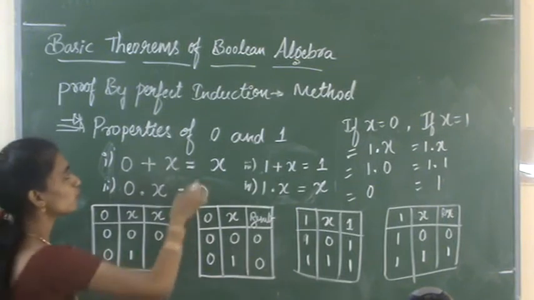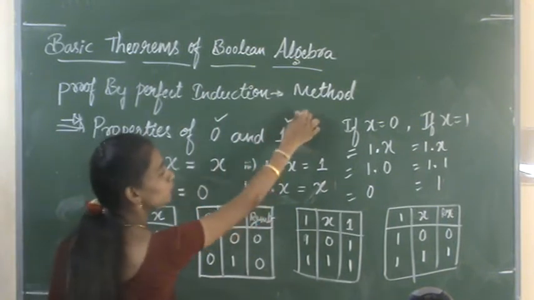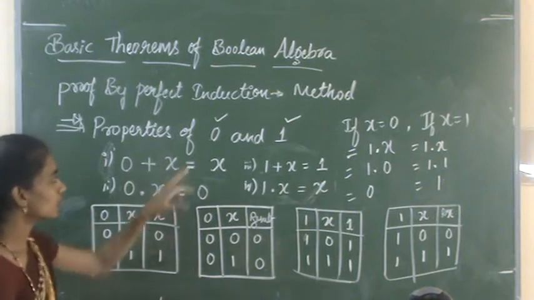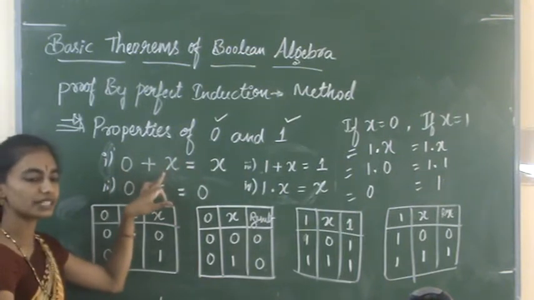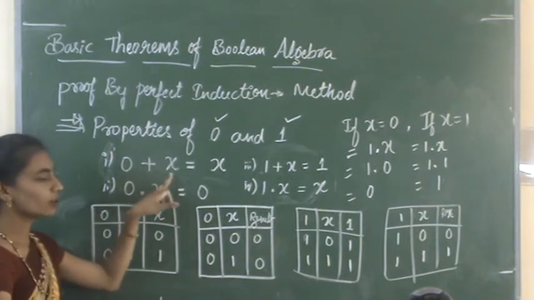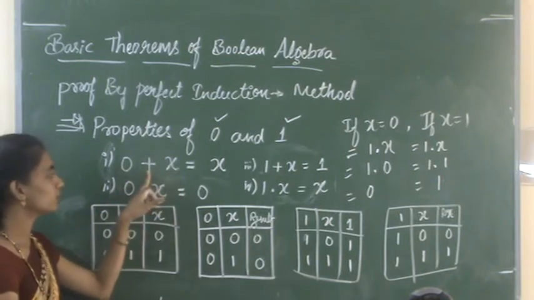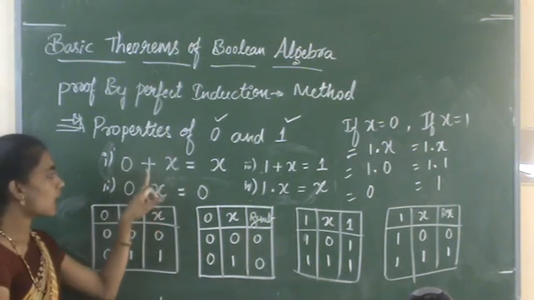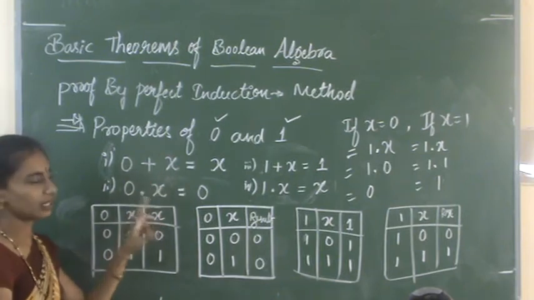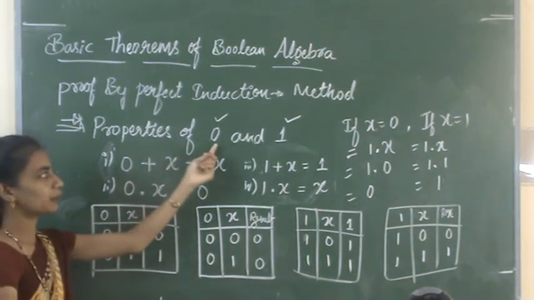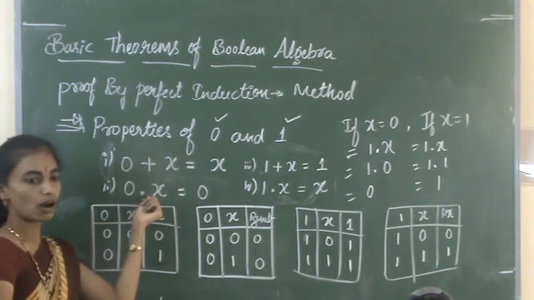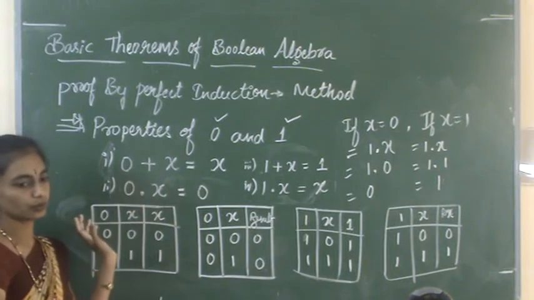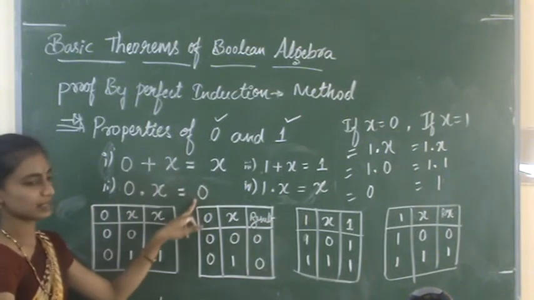Okay, so we have two properties for 0 and two properties for 1. What does the zero property mean? Performing the operation with 0 and any variable by using the or and and operators. If we are performing either the or or the and operation with 0, we will get this result.